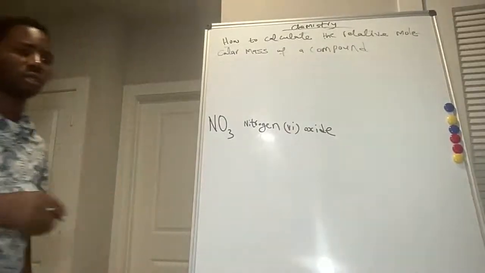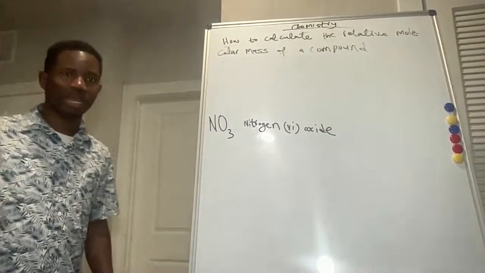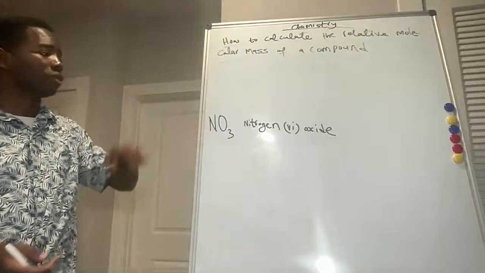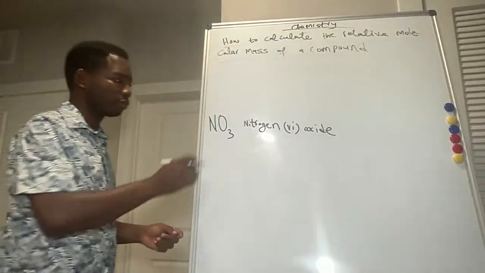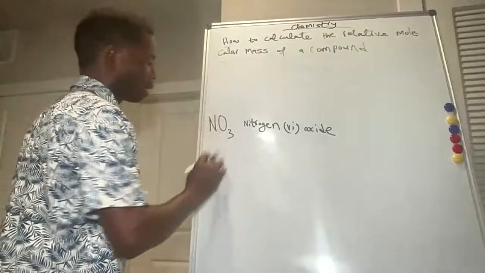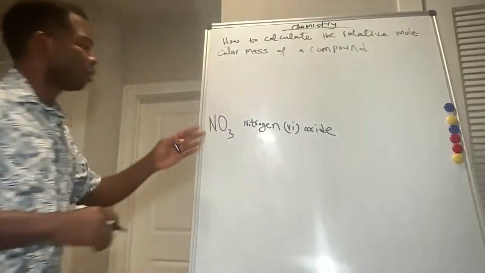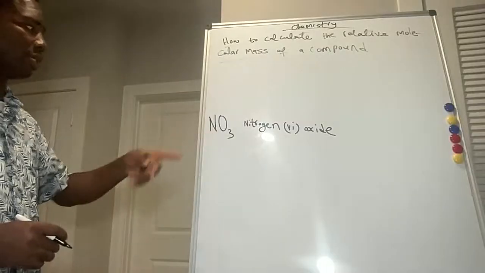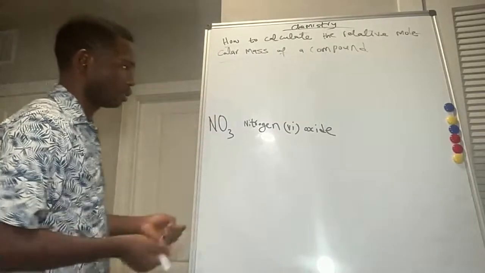Don't forget, metal oxides are basic, while non-metal oxides are acidic. Now, this is nitrogen(VI) oxide. We can use the same formula, the same pattern, to get y equal to 6 instead of 3 or 4. Let's proceed.